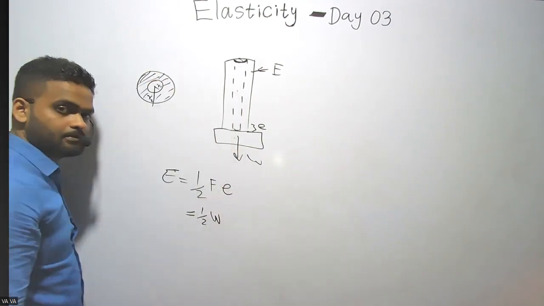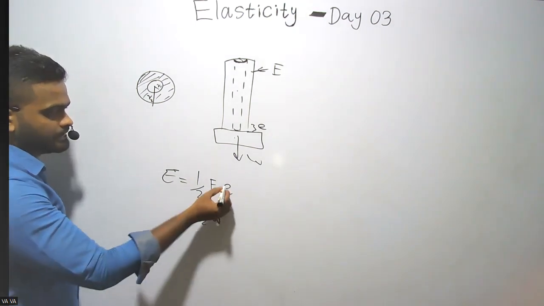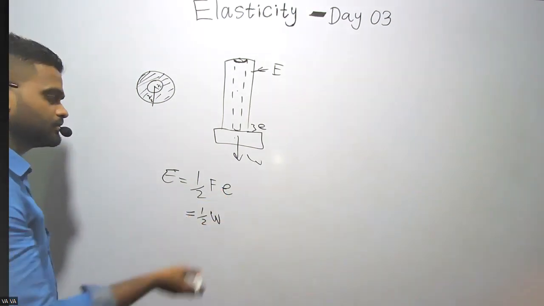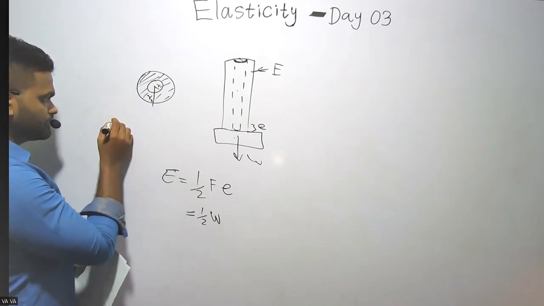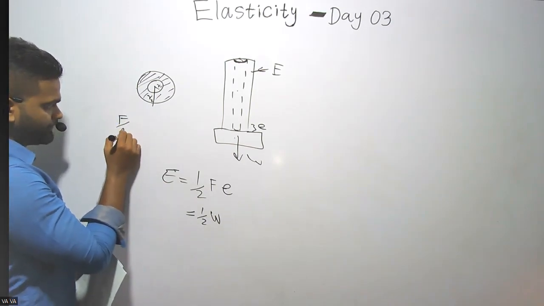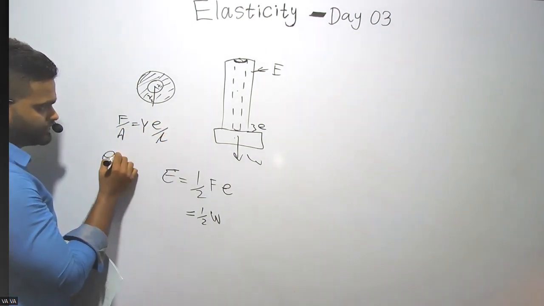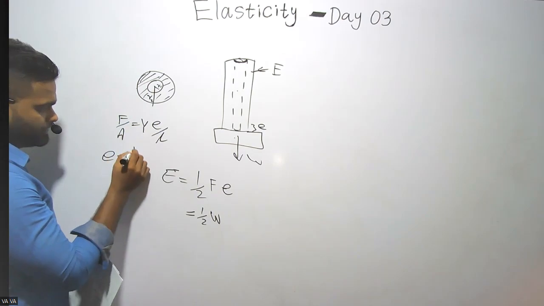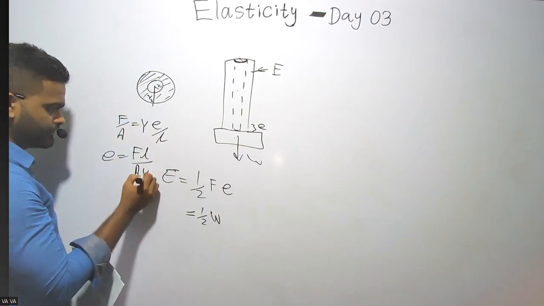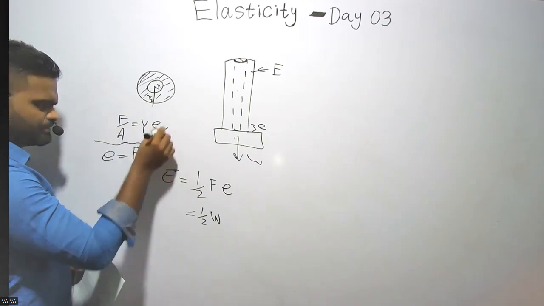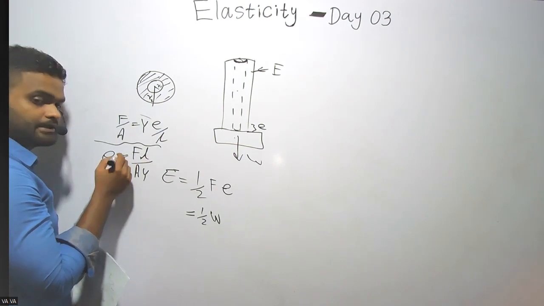That is the force applied to the pipe. Force is W. Then what they ask is the extension. To get the extension, we need the equation F over A equals Y e over L. So extension is FL divided by AY. Just remember one equation, then from that you can get the equation you need.